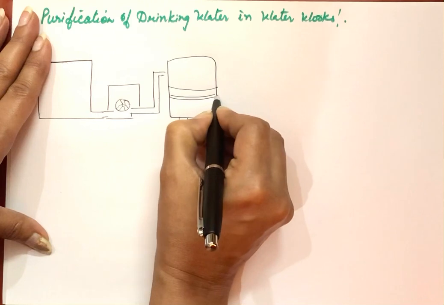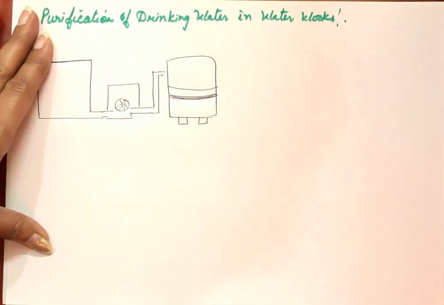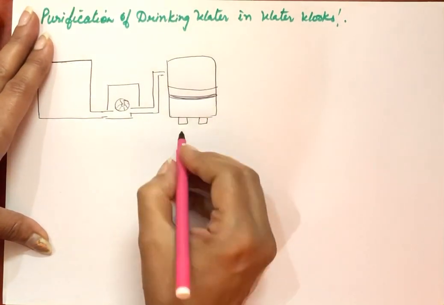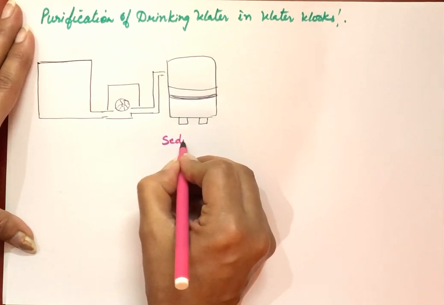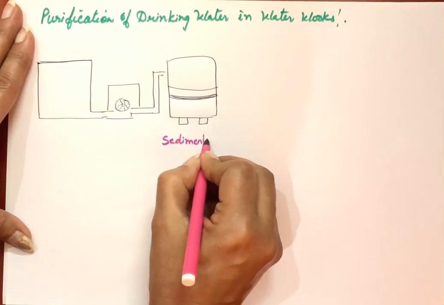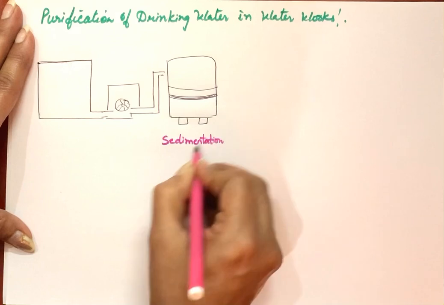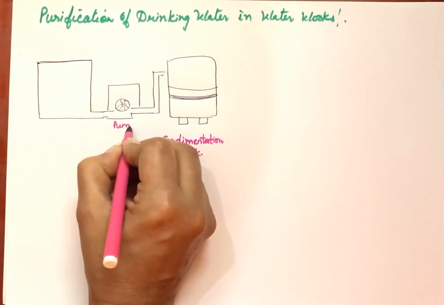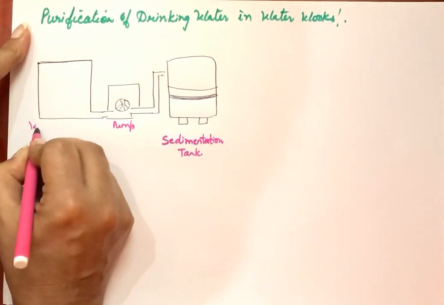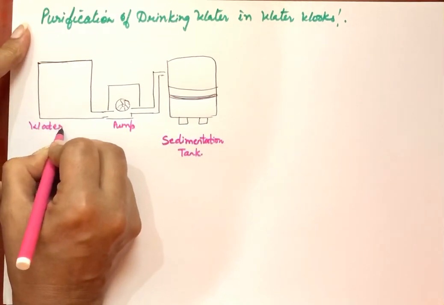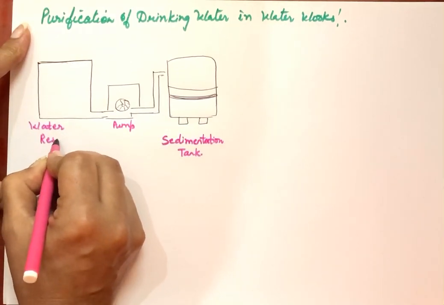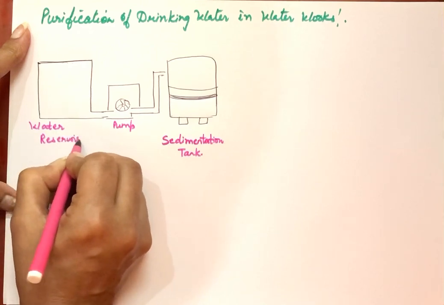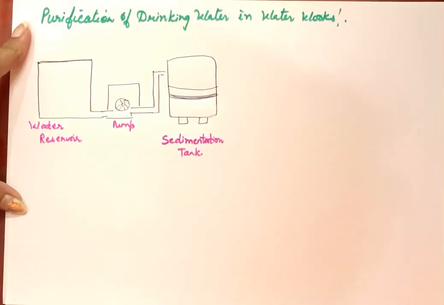All the heavy particles settle down in this tank. So this is a sedimentation tank. This is the pump. This is the water reservoir. Water is taken from this reservoir, then pumped into a sedimentation tank.